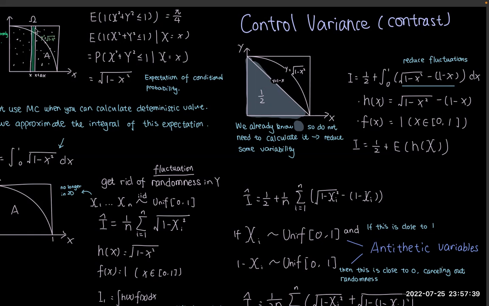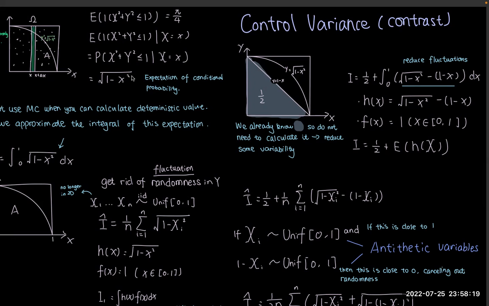So the probability that a random point falls below this curve, given that the x coordinate of this random point equals this small x, is this quantity. Therefore, we know this probability in closed form, so we don't need the variability. If you randomly throw 10,000 points into the unit square, and look at all the points in this vertical slice, then the proportion of the points that fall below this curve may fluctuate around this number.